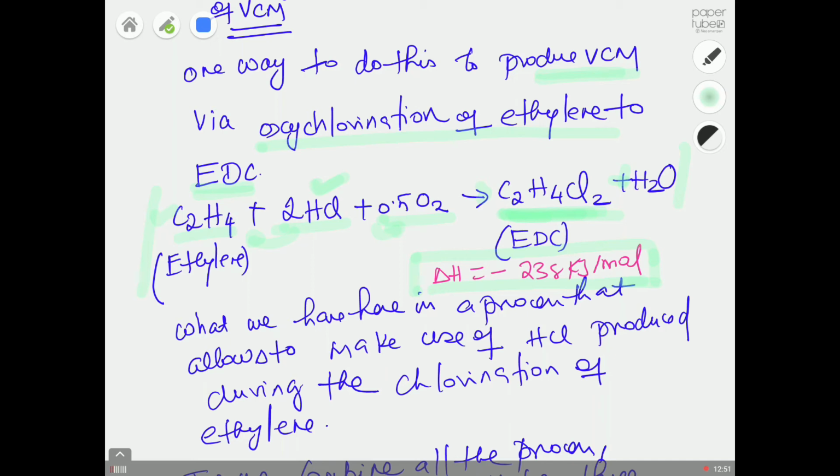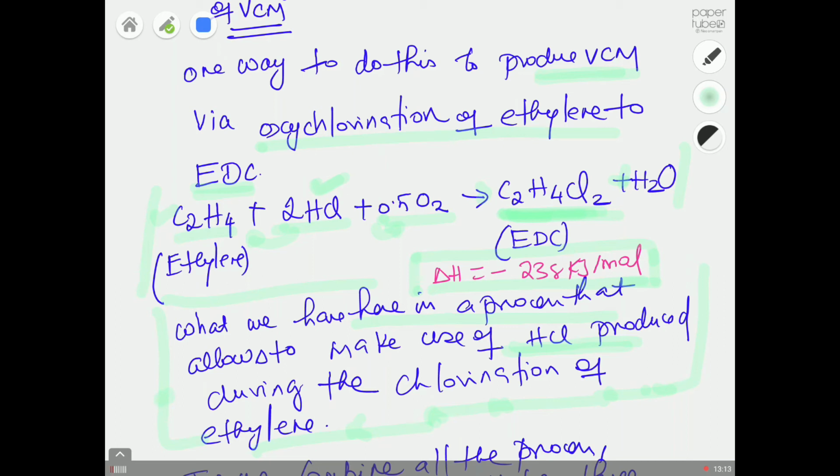So what we have now is a process that allows us to make use of the hydrochloric acid produced during the chlorination of ethylene. So we should always think about ideas that allow you to maximize the production.